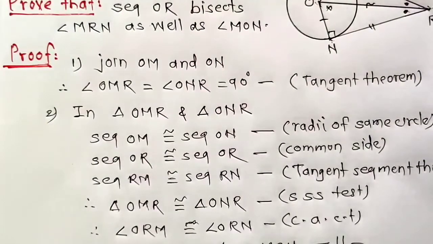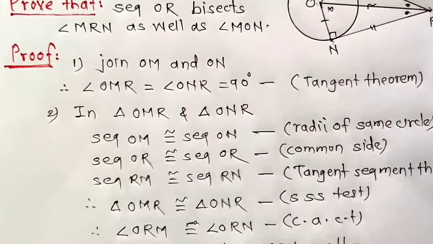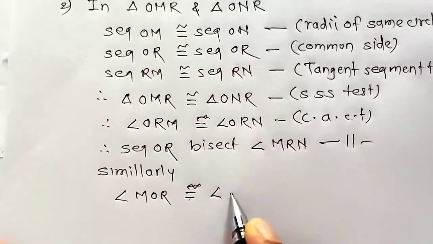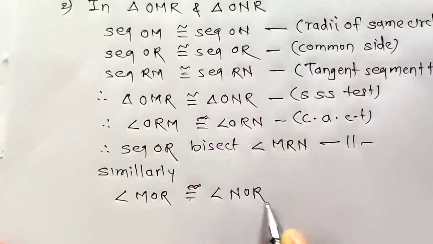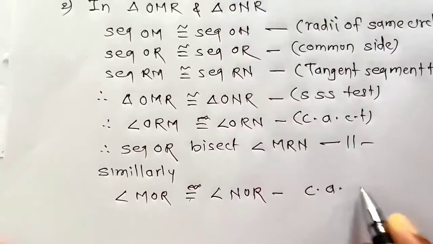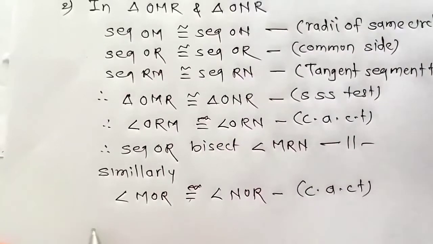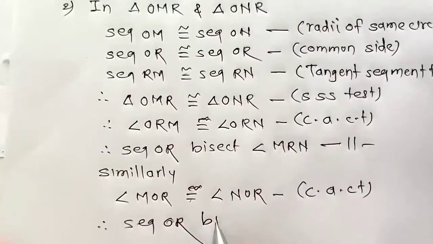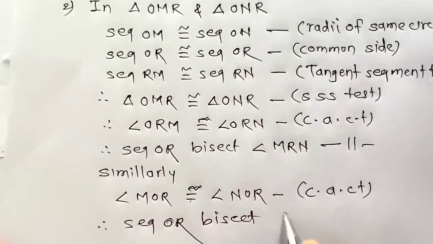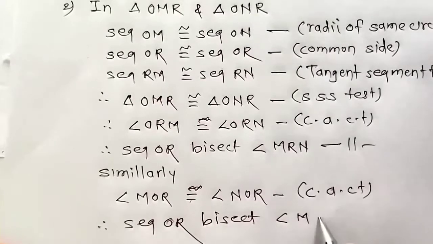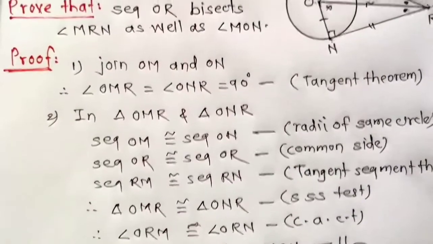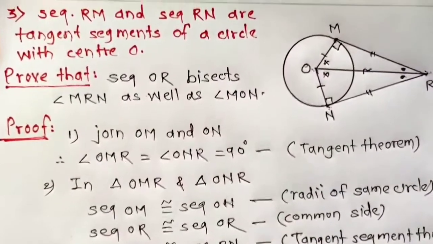Therefore, angle MOR is congruent to angle NOR, corresponding angles of congruent triangles, and therefore segment OR bisects angle MON. That second is also proved. So in this way we can prove this third sum.